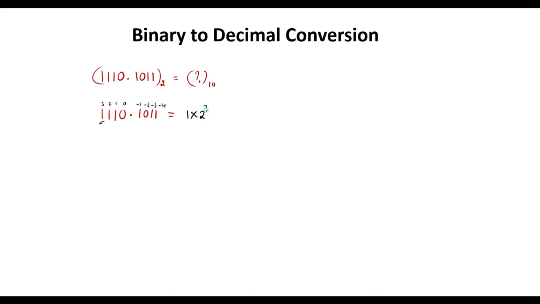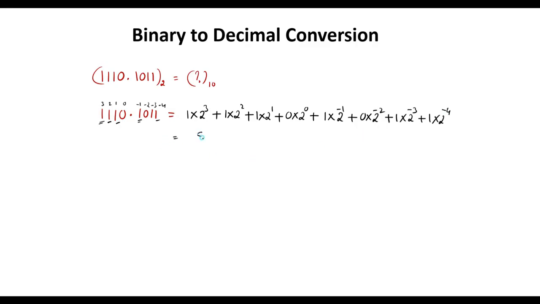1 into 2 power 3, plus the next number is 1 into 2 power 2, plus 1 into 2 power 1, plus 0 into 2 power 0, plus after the decimal point the first number is 1 into 2 power -1, plus 0 into 2 power -2, plus 1 into 2 power -3, plus 1 into 2 power -4.